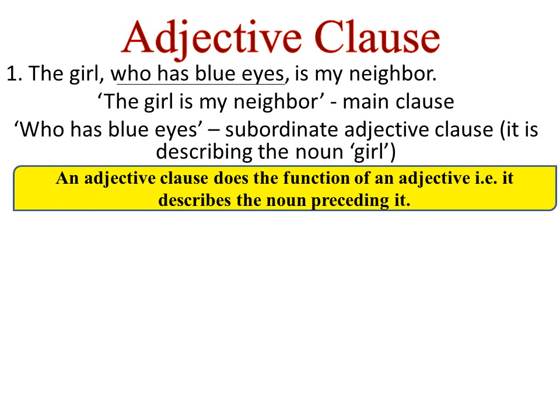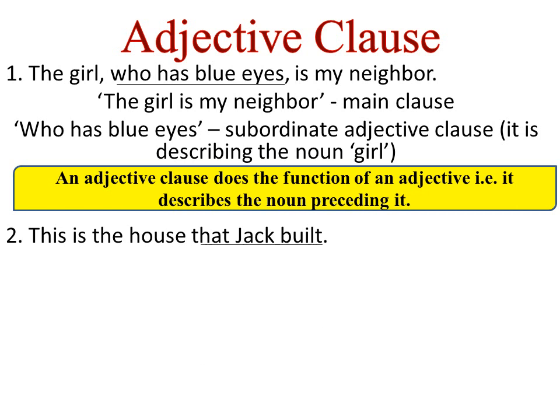Now, let's take another example. This is the house that Jack built. Now here you can clearly make out that that is the subordinate conjunction and the fragment that Jack built is giving you additional information about the house, which is a noun.